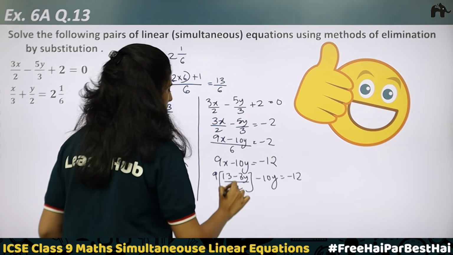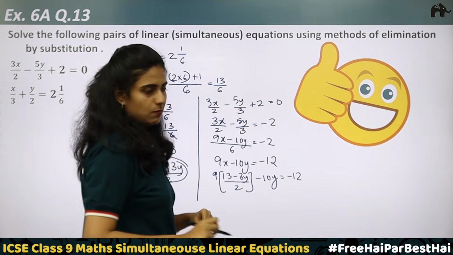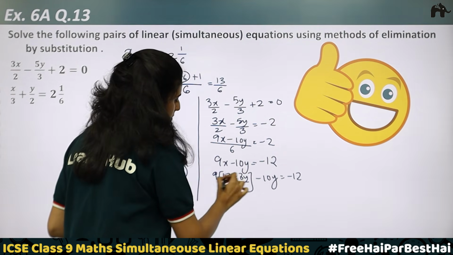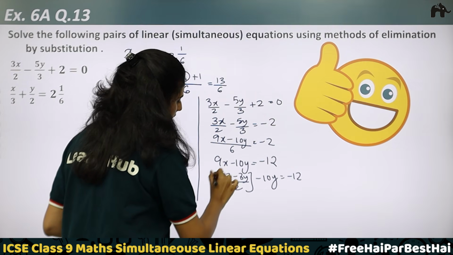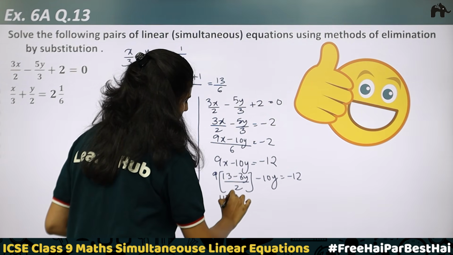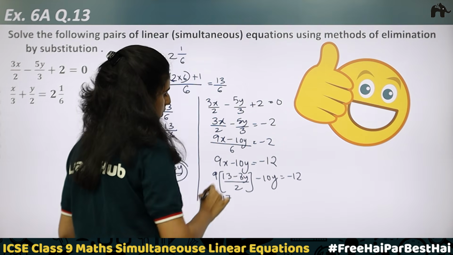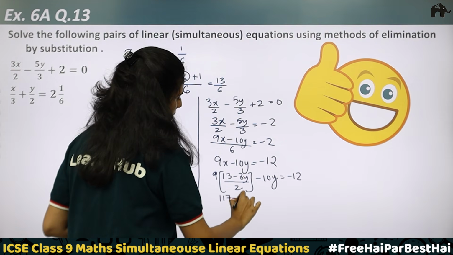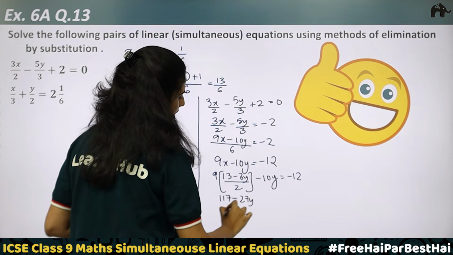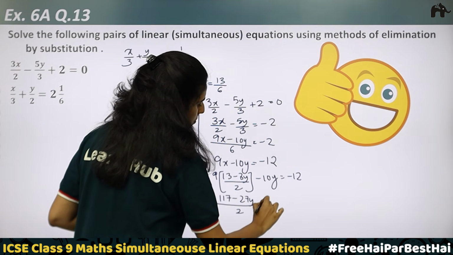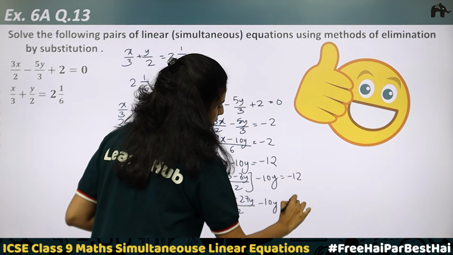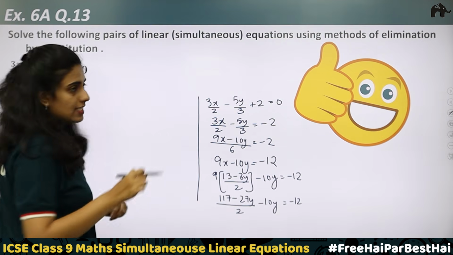Okay. So, here when you take the LCM, before that remove the brackets and multiply. 9 into 13, you will be getting 117. Okay. 9 into 3y. So, minus 27y divided by 2 minus 10y is equal to minus 12. Now, take the LCM.